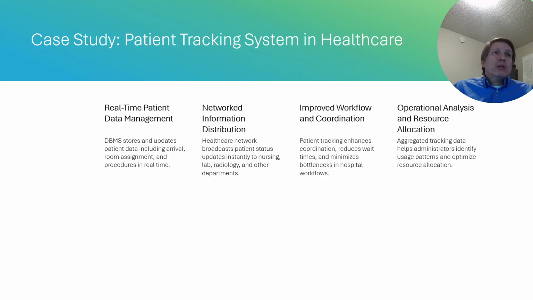The network information and distribution is that network that is going to help us update different individuals about that data. Let's say that I arrive to the ER, then notifying, hey, this patient here needs to be triaged, and once I'm triaged, I need to move the patient to a different place.